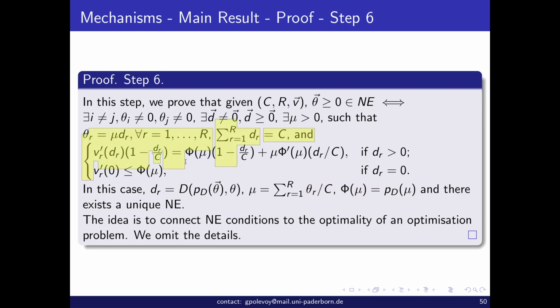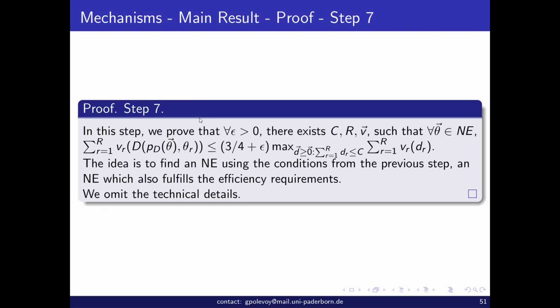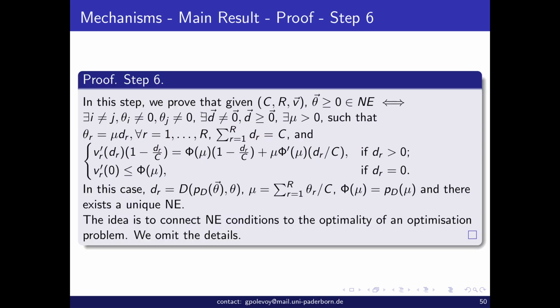Now, again, these conditions are quite confusing, but if that's the case, then this d mentioned here, that there exists a vector d, is defined as simply what this mechanism tells us.